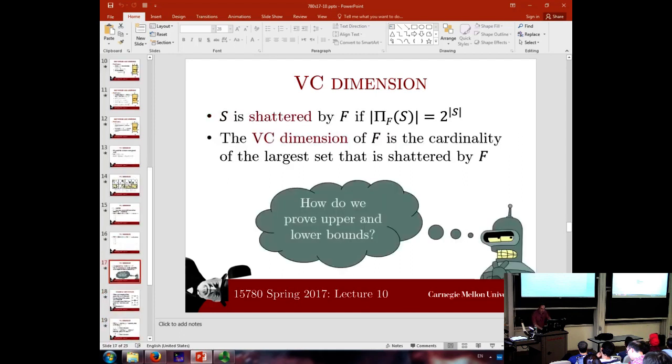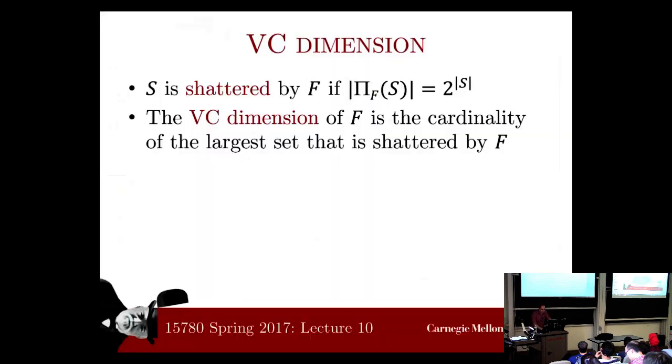Great, okay, so now we get to the second very hard to digest definition of this lecture, the definition of VC dimension. So first of all, we're going to say that a set S is shattered by a function class F. Very cool terminology for this. The math definition sounds much less exciting than the verbal definition.